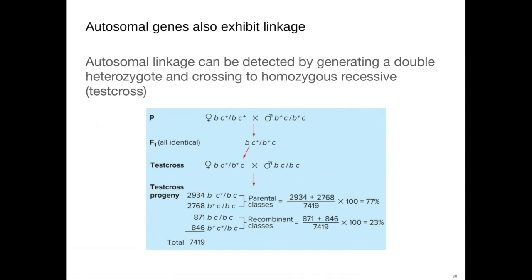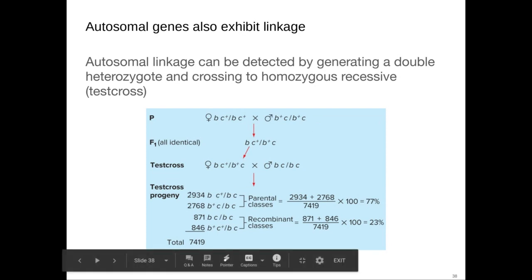So it's basically a test cross, as we discussed. In this case, we have a heterozygote B C plus, and we cross it with the male that's B C, B C, producing a heterozygous individual. And then we do the test cross, where this heterozygote crosses with a complete recessive individual.